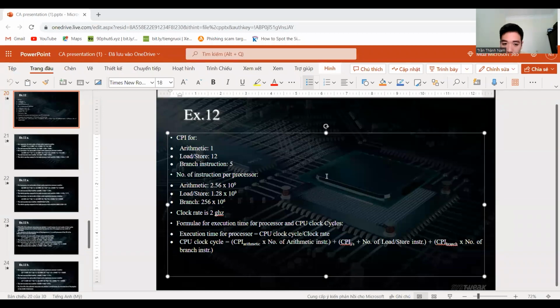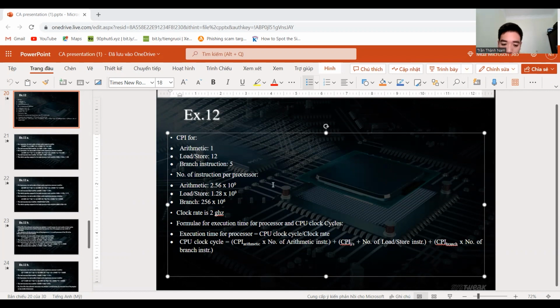Okay, so for this exercise, we have the CPI for arithmetic, load and store, and branch instructions, as well as the number of instructions per processor, and the clock rate is 2 gigahertz.